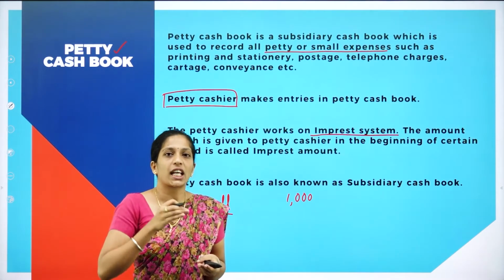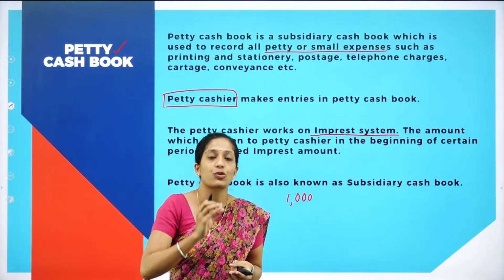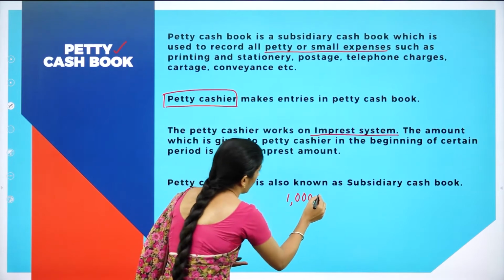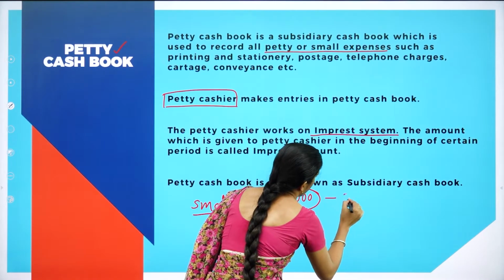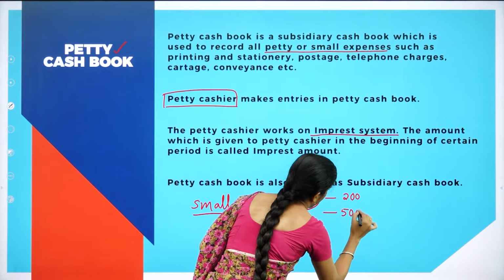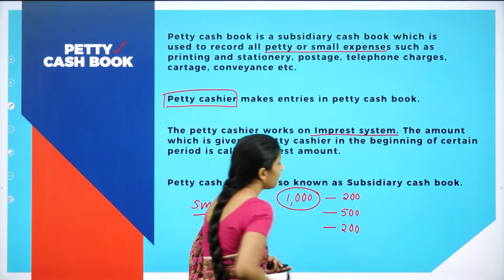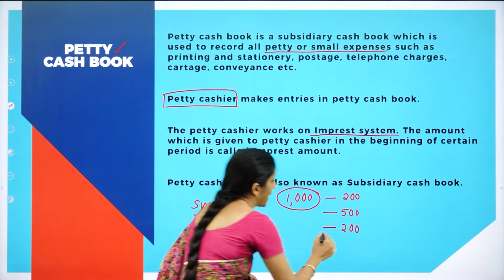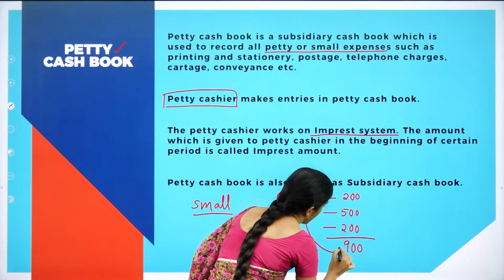Now the petty cashier keeps this amount and he has to see that all these petty expenses are incurred from this amount. For example, postage ₹200, travelling expenses ₹500 and cartage ₹200. Now totally he has spent 900 from this 1000 rupees.